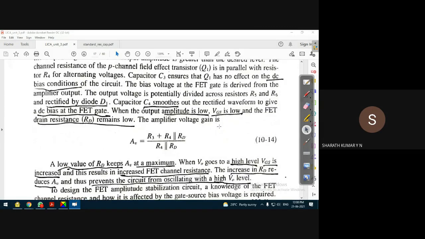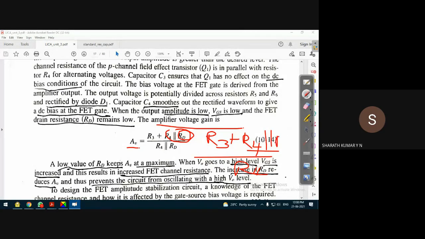So this channel resistance RD appears across R4. Initially, the voltage gain of the amplifier is (R3 plus R4) divided by R4. This is the actual voltage gain of the amplifier in the absence of the FET network. When the FET network comes into the picture, R4 has a parallel resistance RD, so depending on the variation of RD, this R4 factor varies.